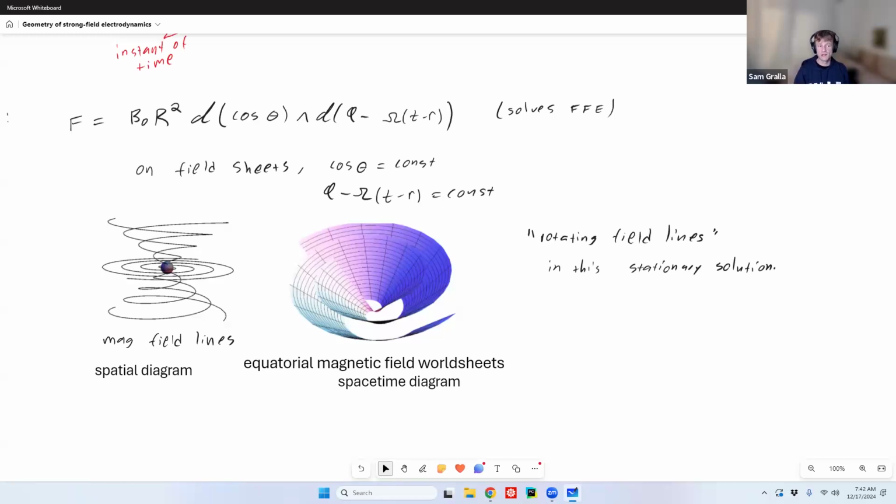This is sometimes called the monopole solution. I don't like that term because, you know, no matter how many times I say I'm not doing fundamental monopoles, someone asks me about fundamental monopoles. So this is just radial field lines. It's just a place where you can have analytic solutions. Radial field lines coming out of the star.